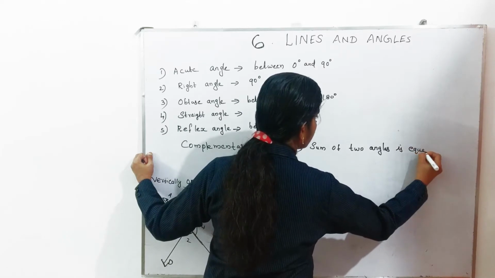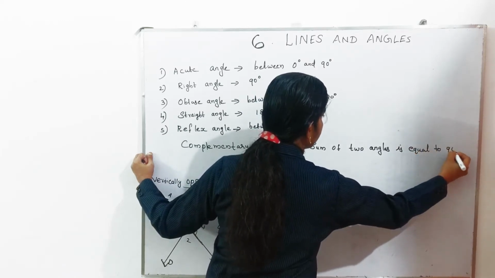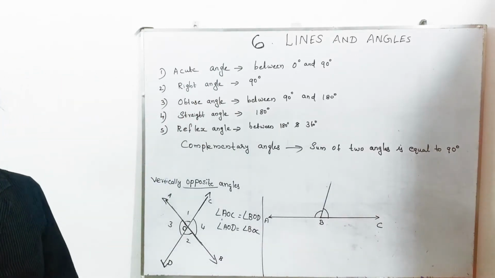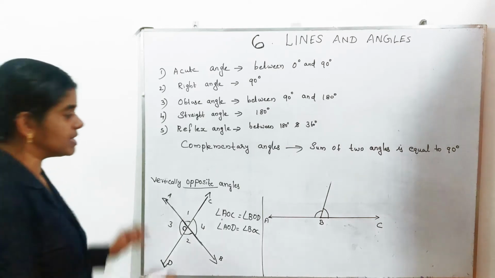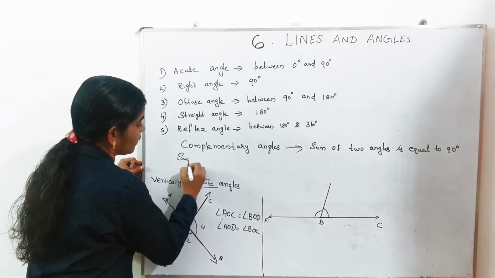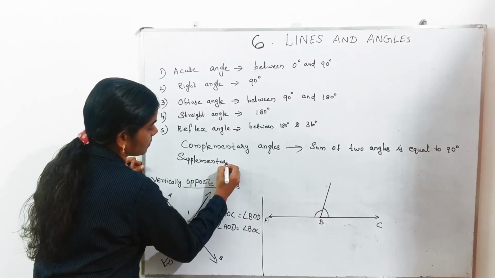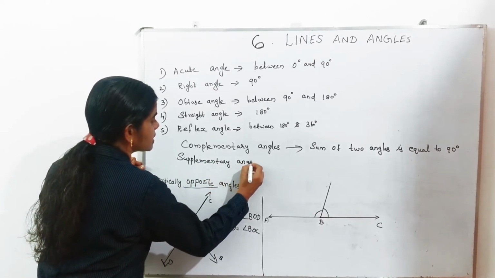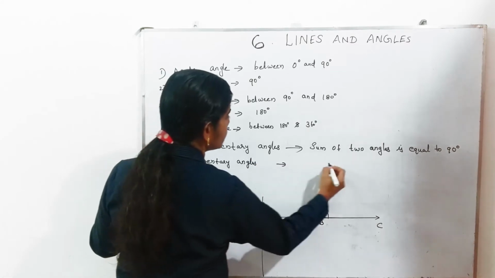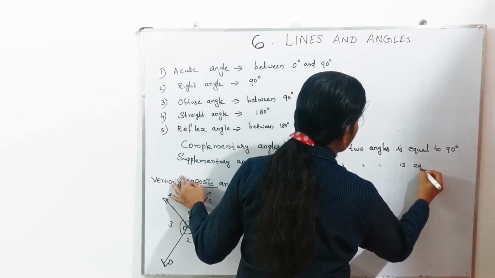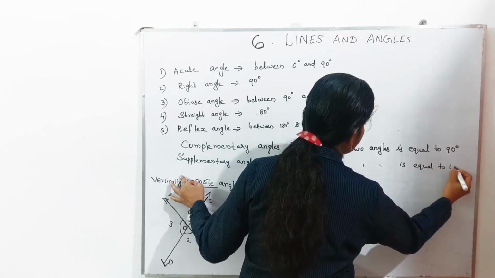Then what will be the name when the sum of two angles is 180 degrees? That is supplementary angles. Supplementary angles means the sum of two angles is equal to 180 degrees.